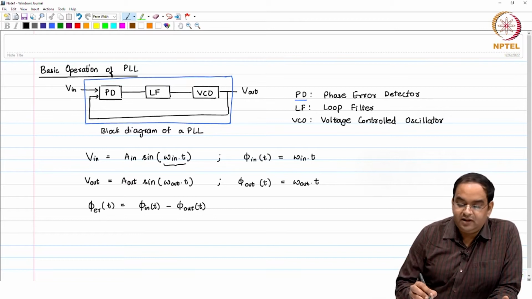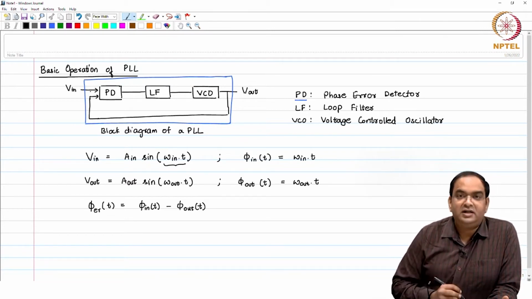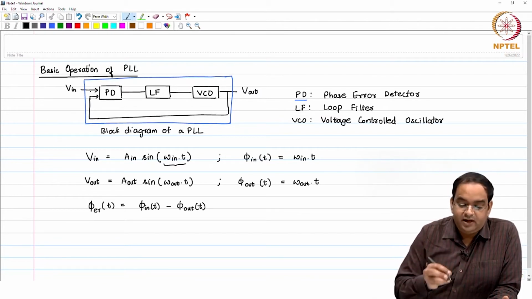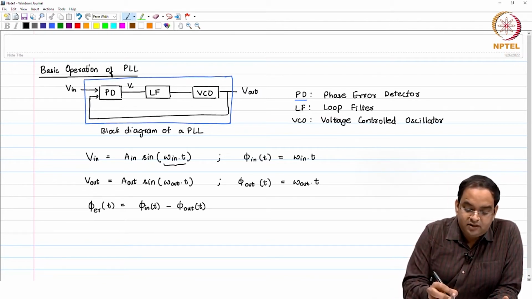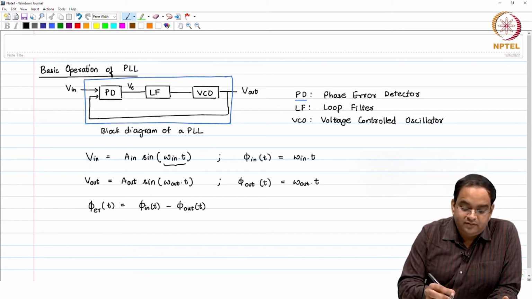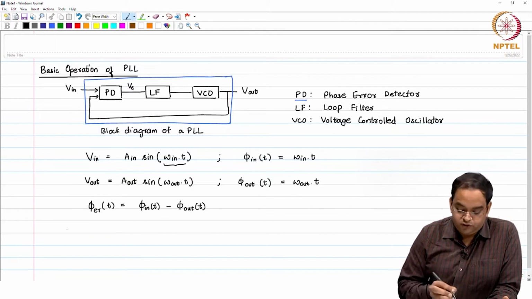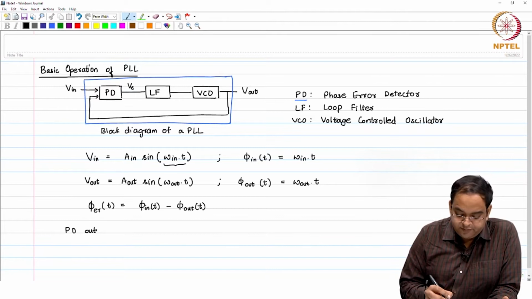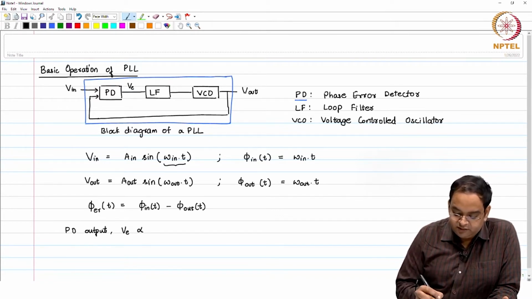The phase error detector computes the error between the input and output phase, and it gives a voltage. The output of the phase error detector is a voltage, not some other variable. It gives a voltage proportional to the phase error, which is the error voltage.